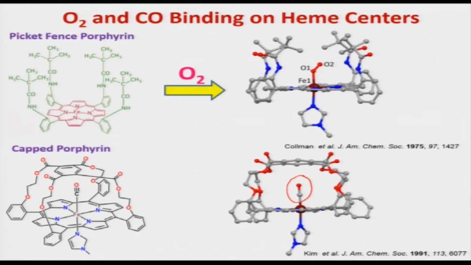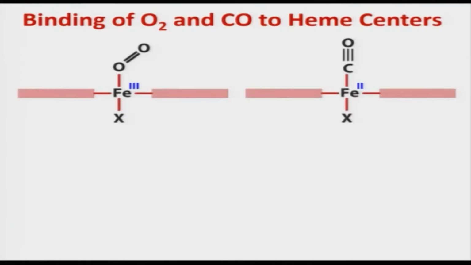And if you look at the literature, this is what is the case. Many structures have already been published. I am showing just 2 examples to impress upon you that this indeed is the fact. Now, let us look at this binding a little bit more carefully.